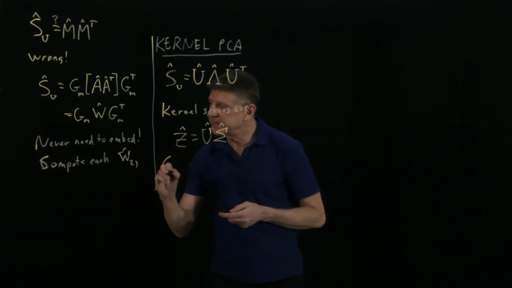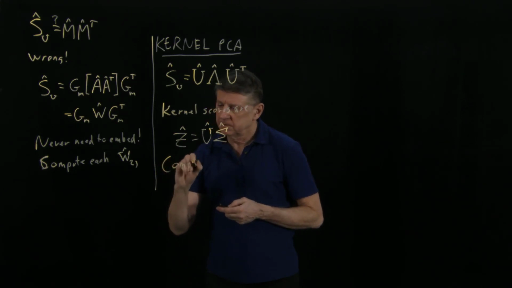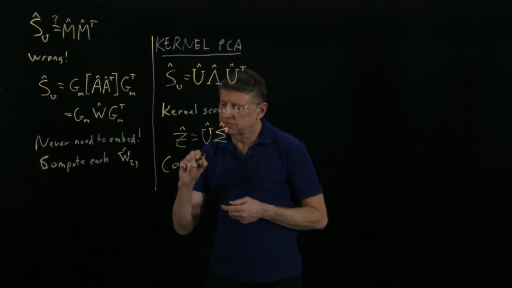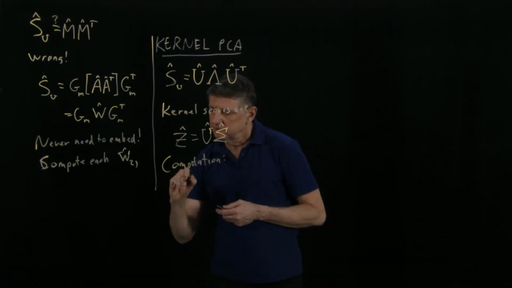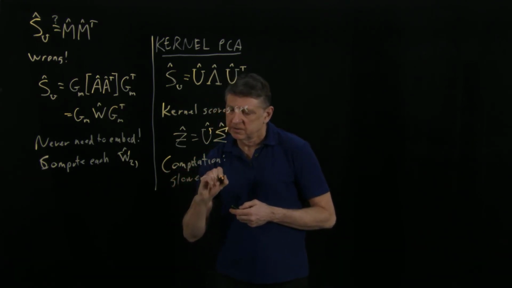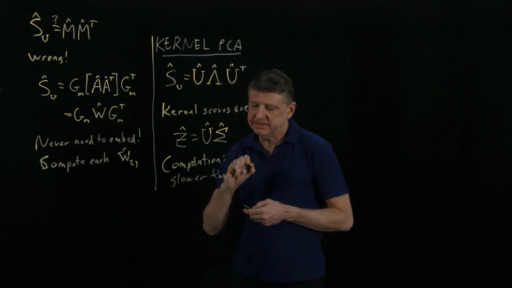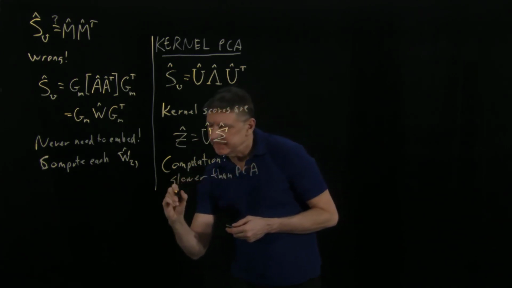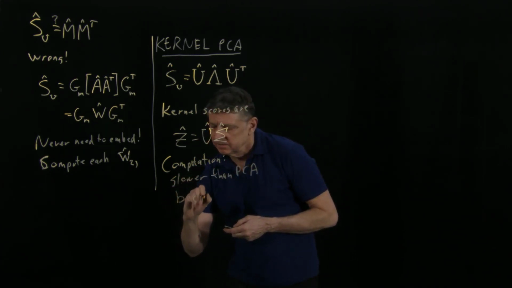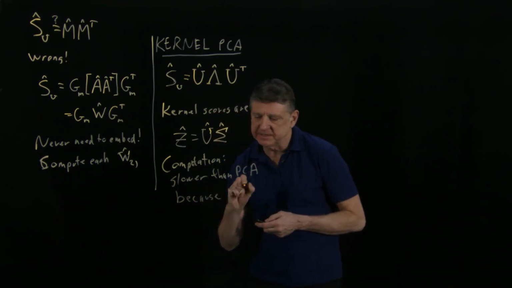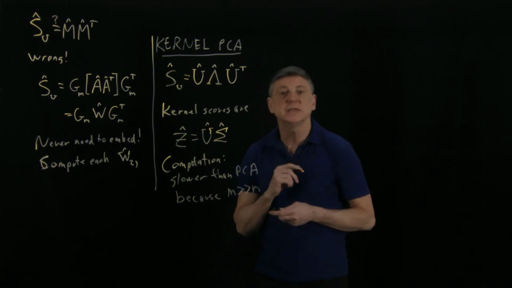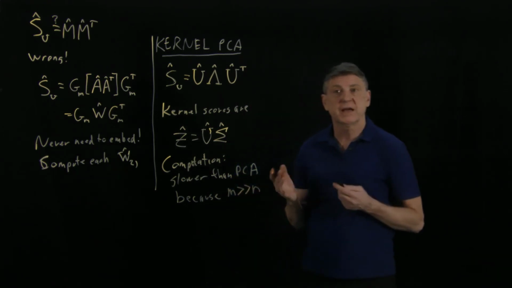So the computation is slower than PCA, and the reason is because the number of observations in data typically far exceeds the number of variables that we have in our data.